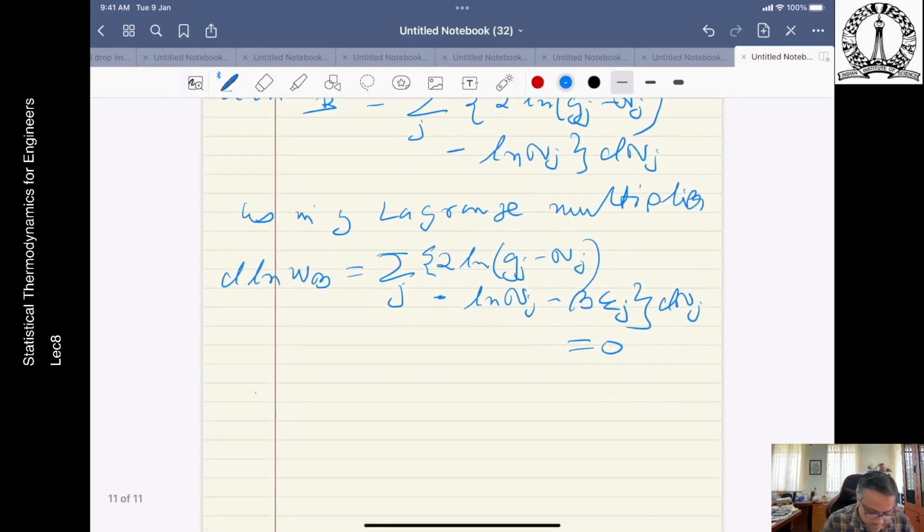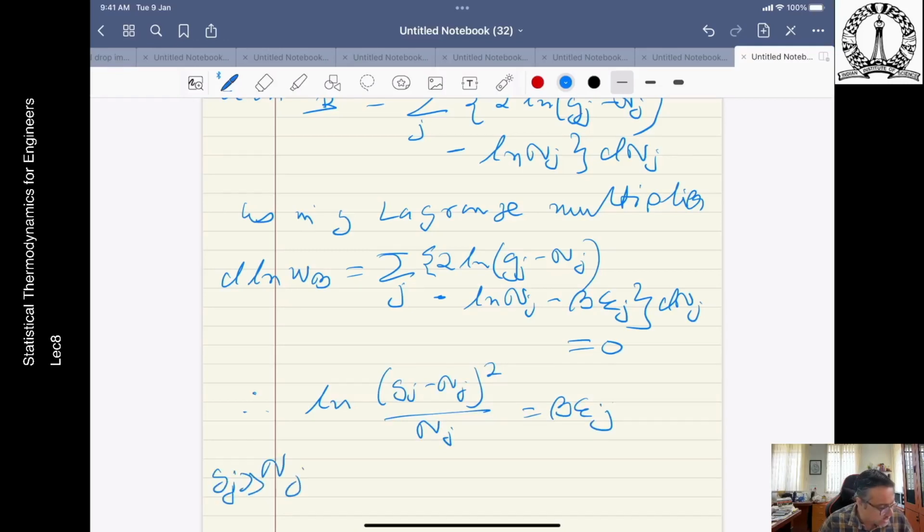So therefore, ln of Gj minus Nj square by Nj is equal to beta Nj. Since Gj is much greater than Nj, therefore Nj becomes equal to Gj square, because this is a much smaller number, times exponential minus Ej by kt.